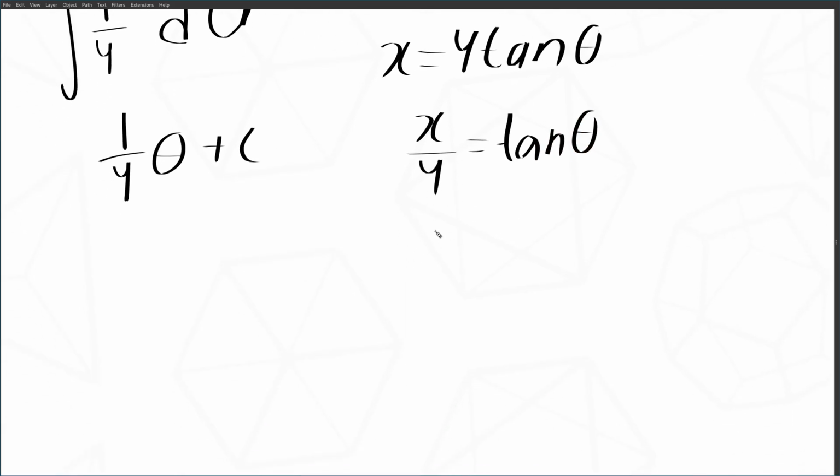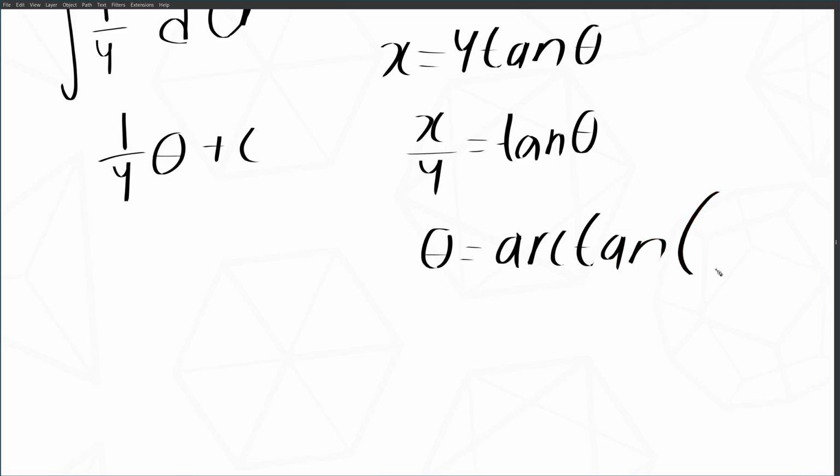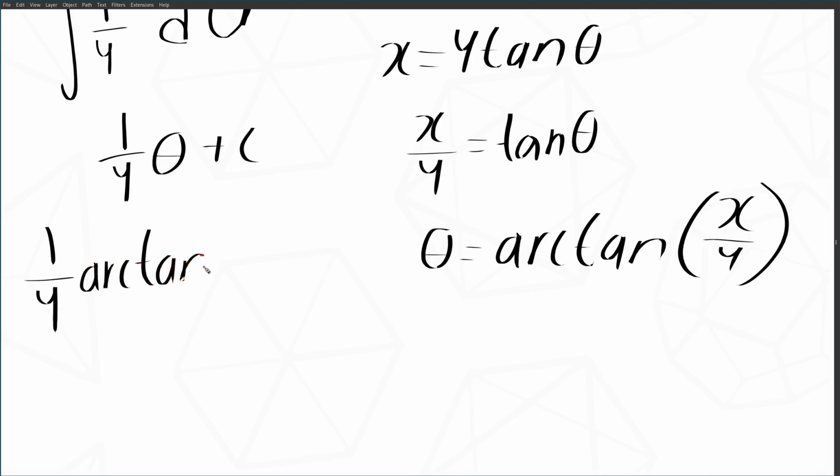And finally, theta is equal to arctan of x divided by 4, which leads us to a final expression of 1/4 arctan, or inverse tan if you prefer that, x over 4 plus c. And we are done.